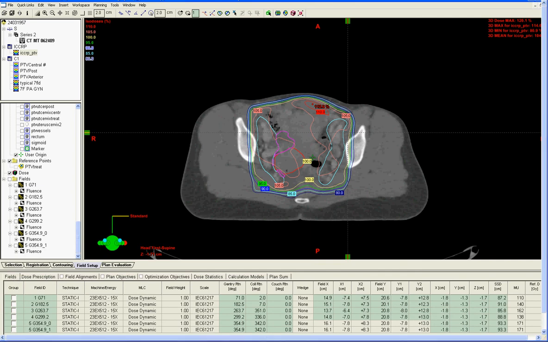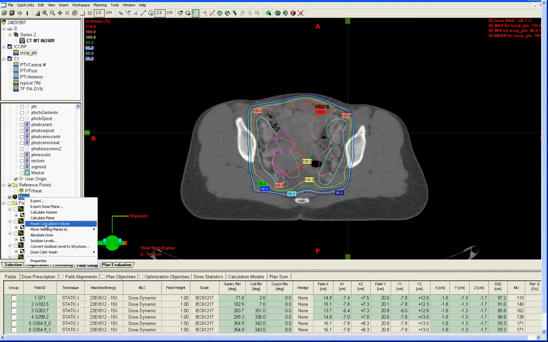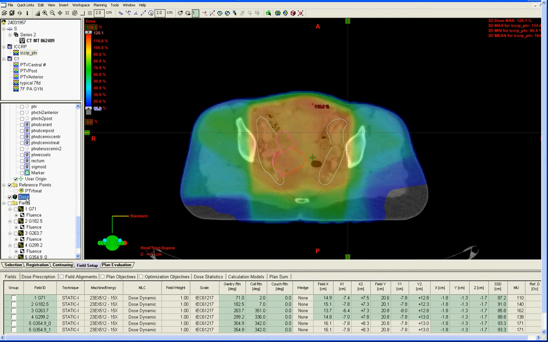The first thing we'll do is look at the isodose distribution in color wash, and we'll turn on absolute dose.